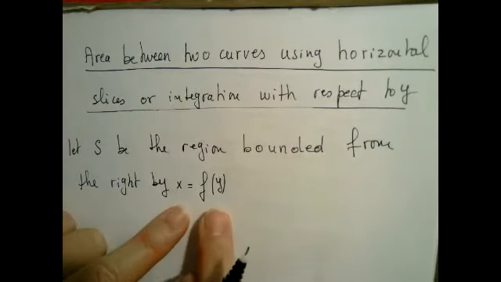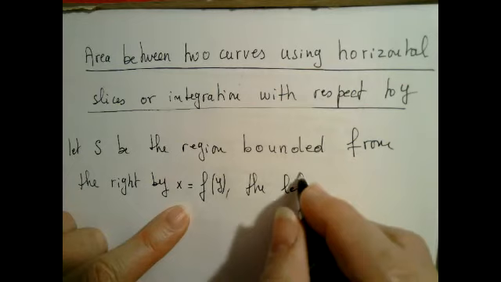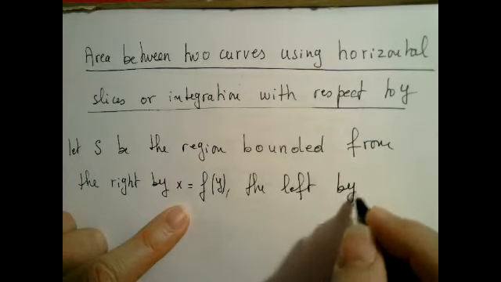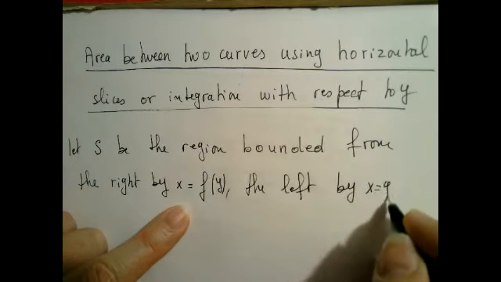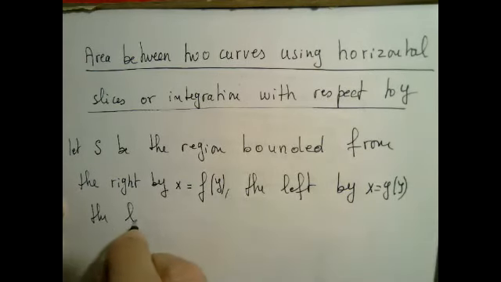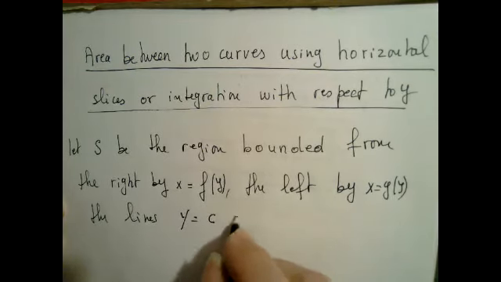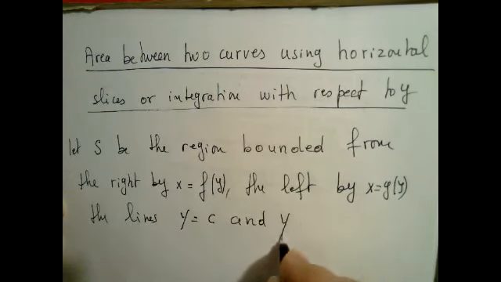So now x is a function of y. The left by x equal g of y, and the lines y equal to c and y equal to d.